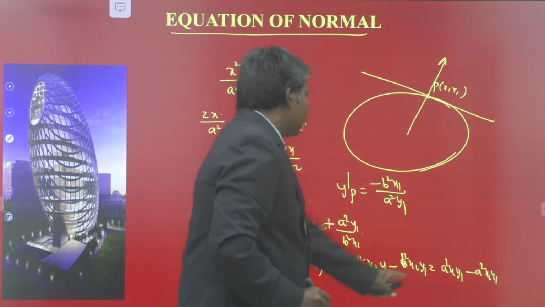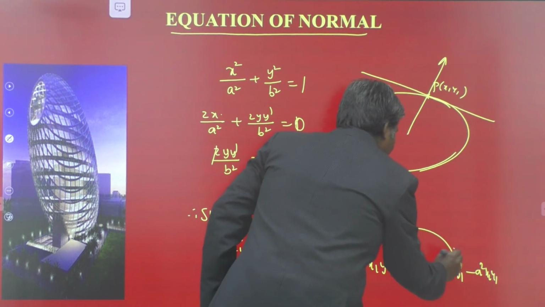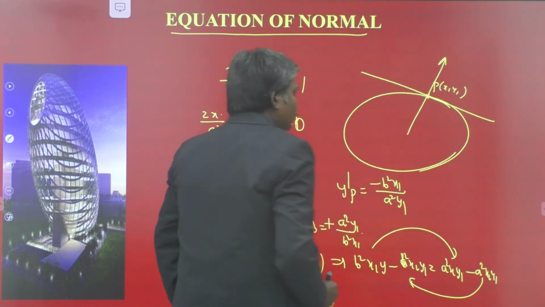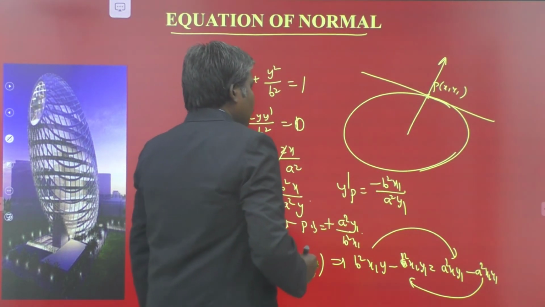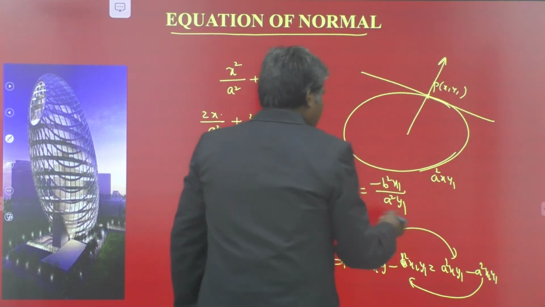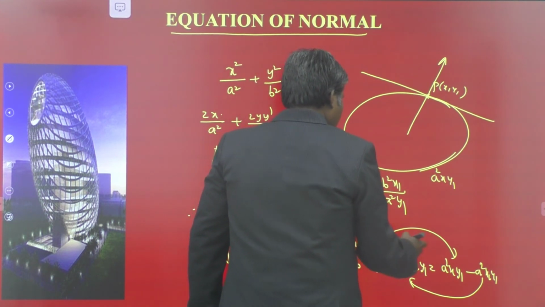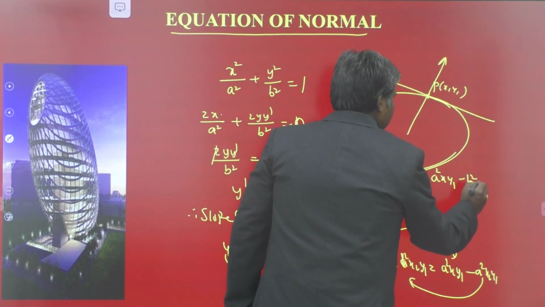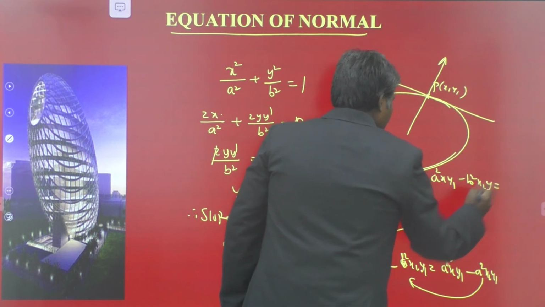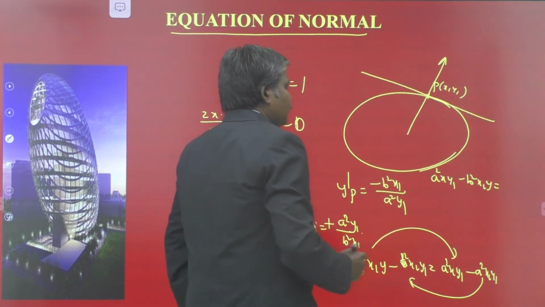Now take that result, take the b square x1 y to the right side and a square x1 y1 to the left side. We obtain a square x y1 minus b square x1 y is equal to a square minus b square times x1 y1.